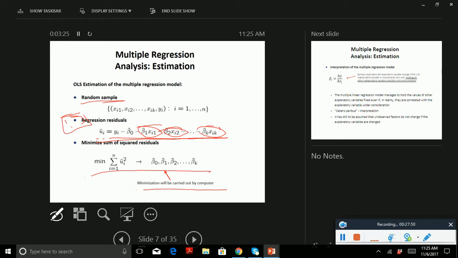Okay, you guys don't need it, so don't panic. I'm not going to ask you to calculate the minimization of the error terms. They teach us, but we hardly use it. We rely more on the computers, Stata. You can calculate using the matrix notation.